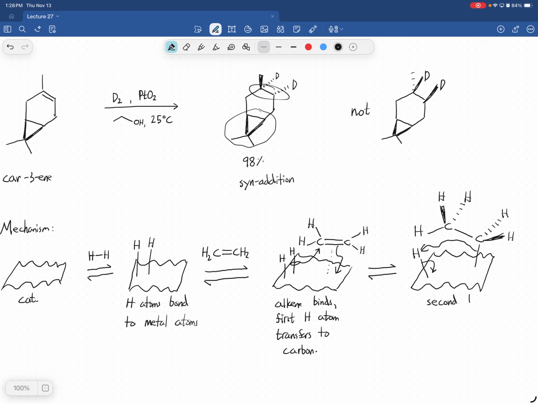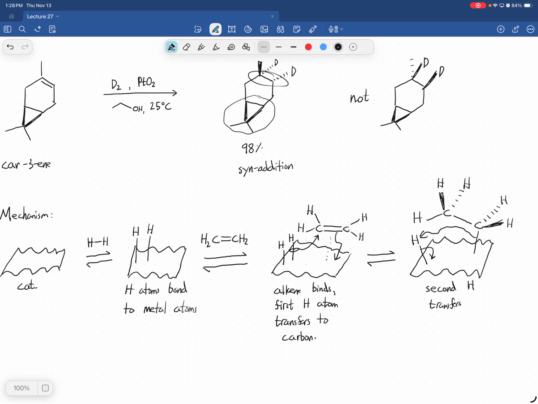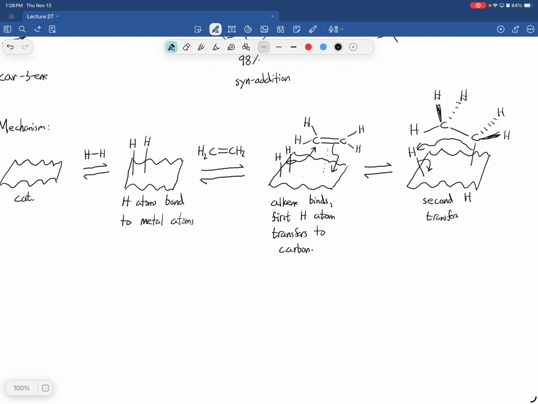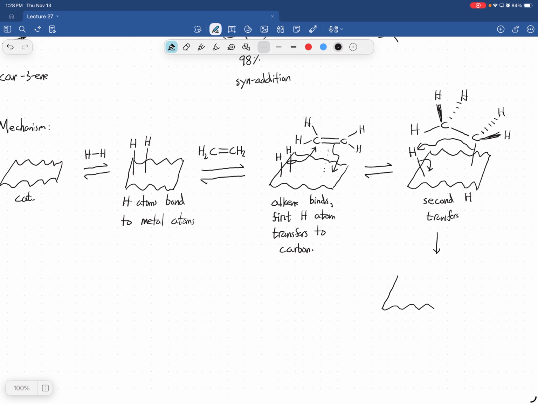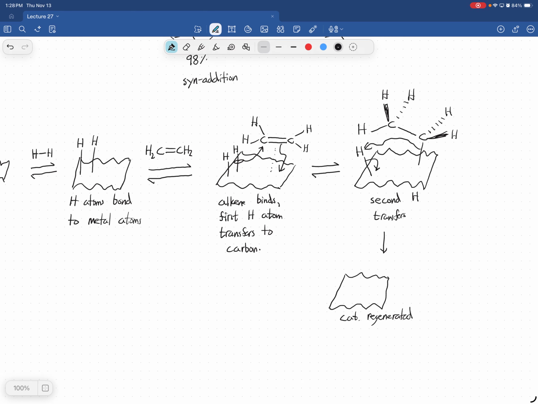So the second H transfers. Okay. Now you have the free catalyst. All right, so the catalyst is regenerated in a perfect world. It's a lot more complicated than that. So catalyst is regenerated. Okay.